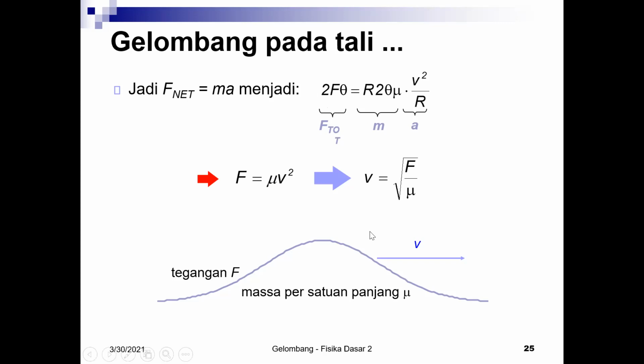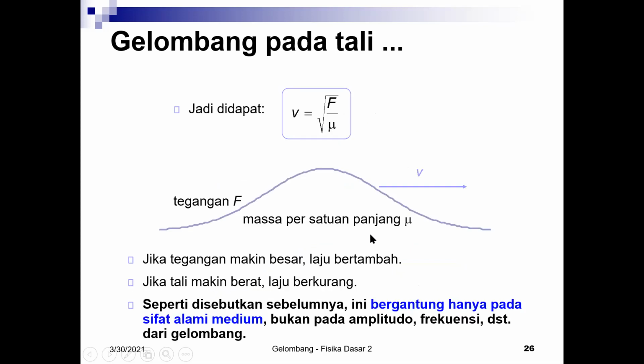So v here depends only on the properties of the medium, in this case mu. We see that if the tension becomes bigger, then the speed of the waves also becomes bigger.